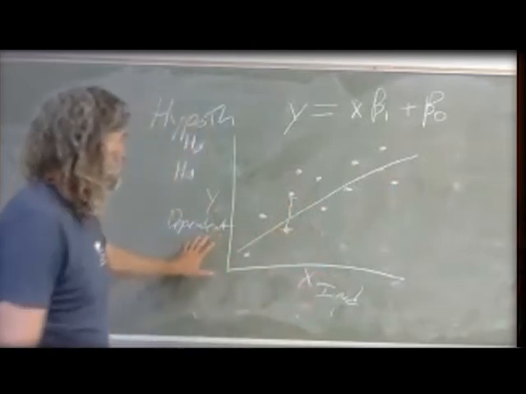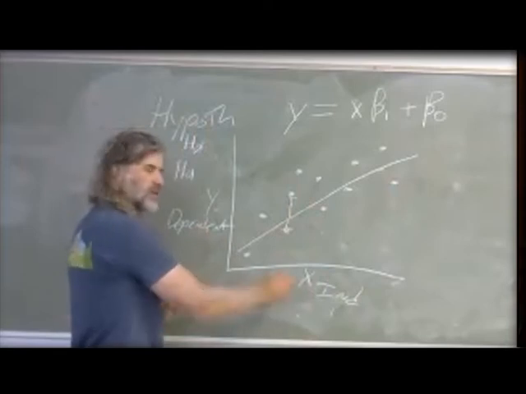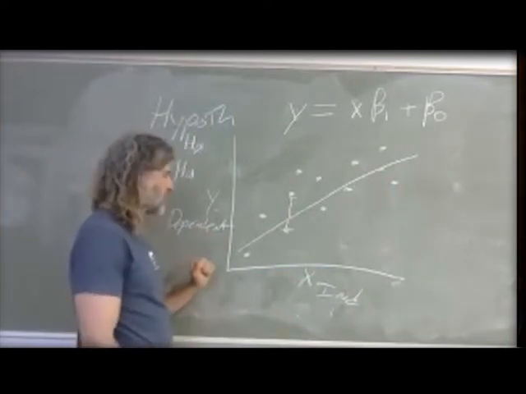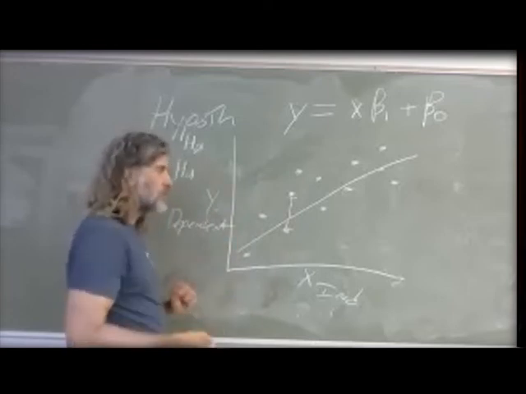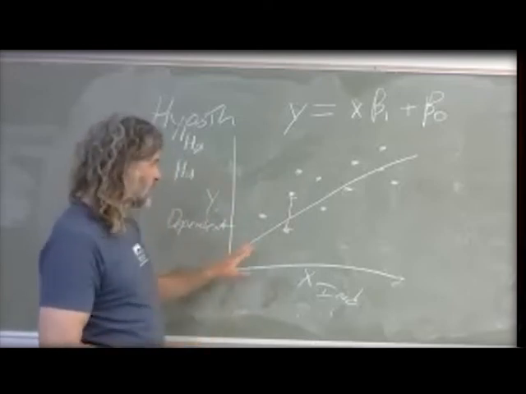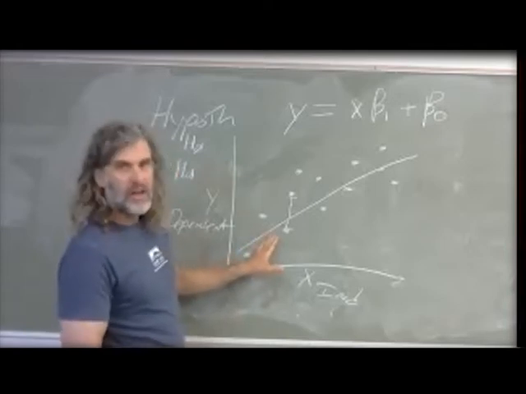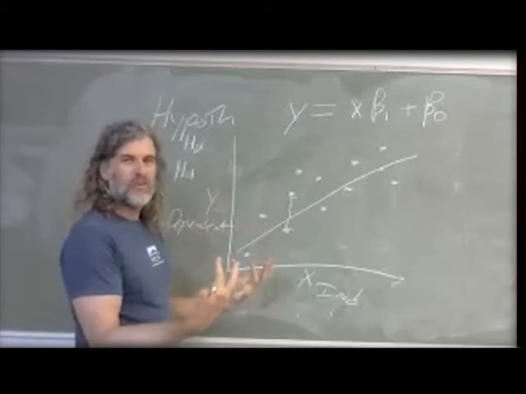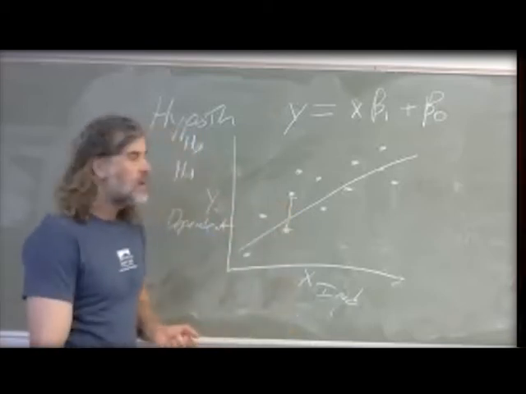So what is the average condition of Y, the most representative condition of Y, given a particular level of X? Well, it's going to fall on this straight line. So we have two things here. We have the amount of information that we've explained by the straight line, and then we have this excess information that we haven't explained, and that's the difference between these two things.